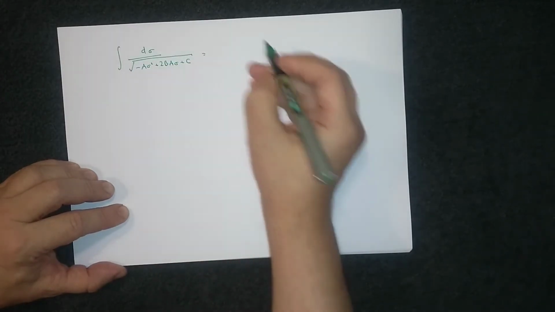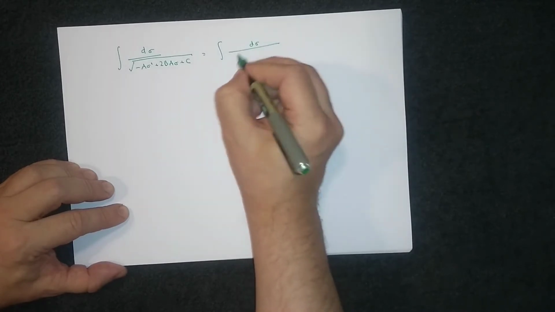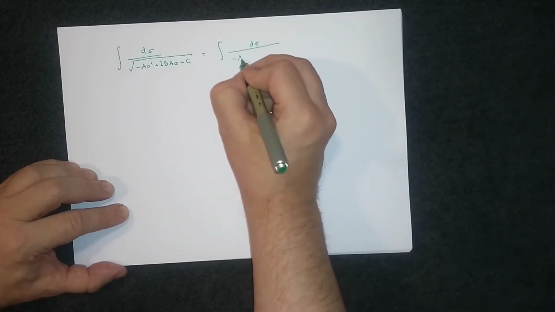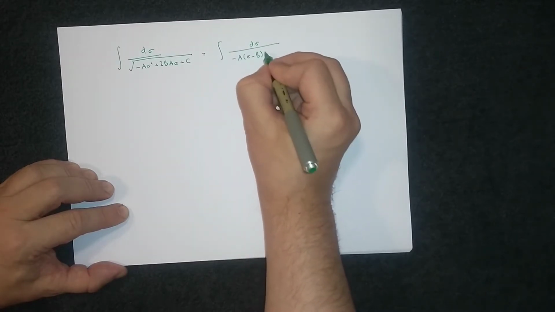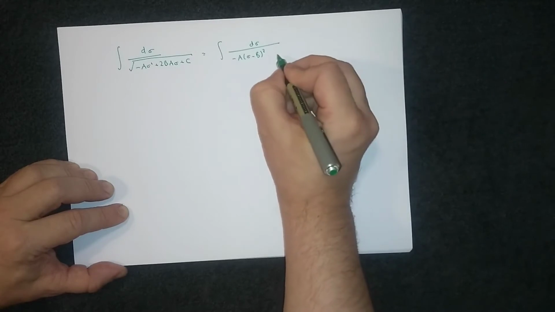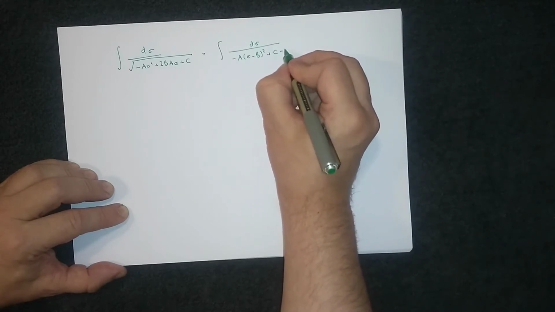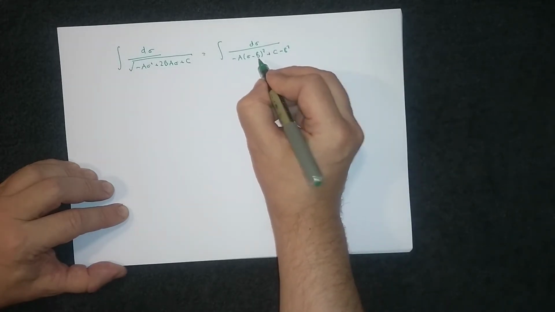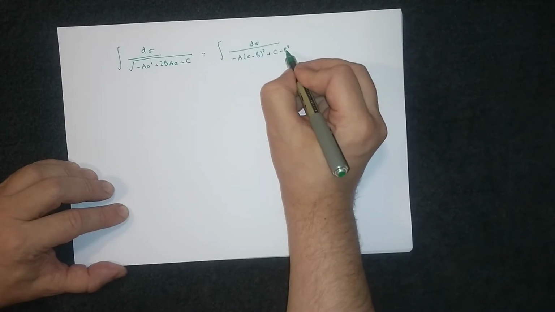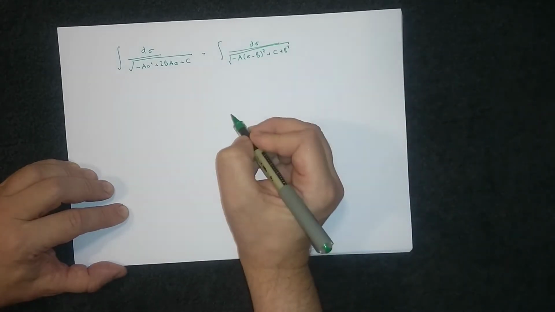And that's equal to the integral d sigma over the square root of (minus (a sigma minus b) squared plus c minus b squared).